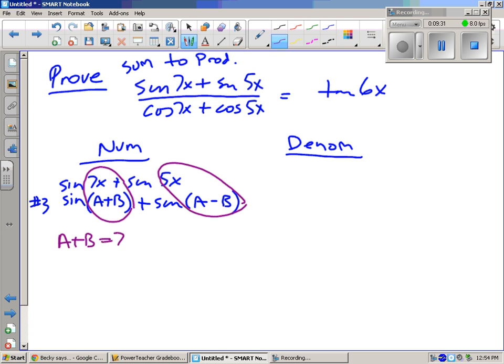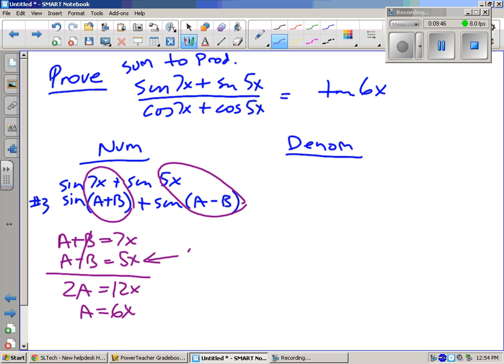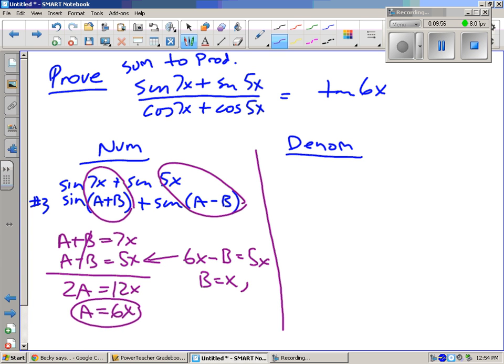A plus b is 7, a minus b is 5. 2a, b's cancel, equal 12x. So a equals 6x. Put that back in. I'm going to put it in right here. So 6x minus b equals 5x. So b would have to be x.